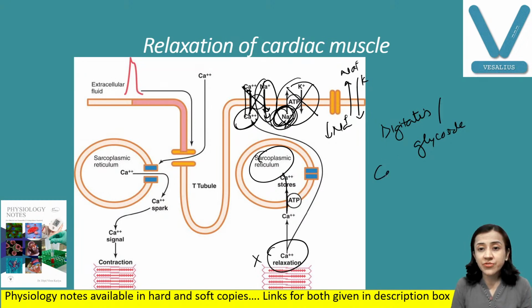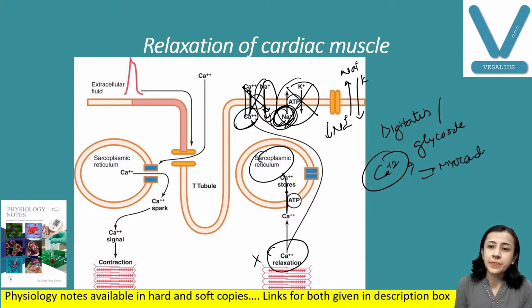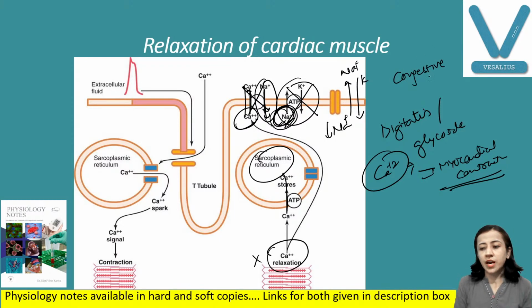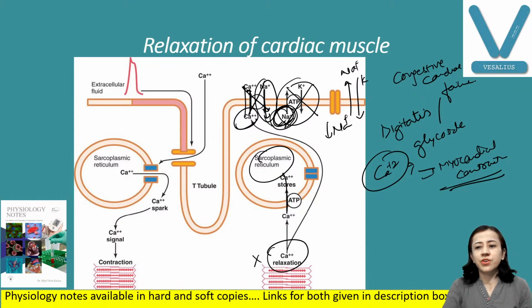So calcium concentration inside the cell increases, and therefore myocardial contractility increases. And this is used in patients of congestive cardiac failure. Fine. So this is about relaxation of cardiac muscle.